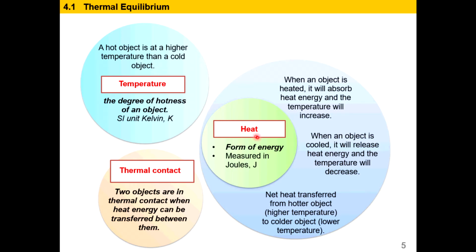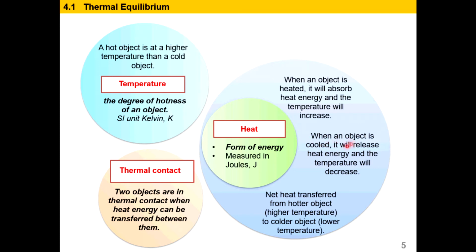Next one, heat. Heat is a form of energy, so we measure heat by the unit joules, capital J. When an object is heated, it will absorb heat energy. As a result, the temperature of the object will increase, meaning the degree of hotness of the object will increase.